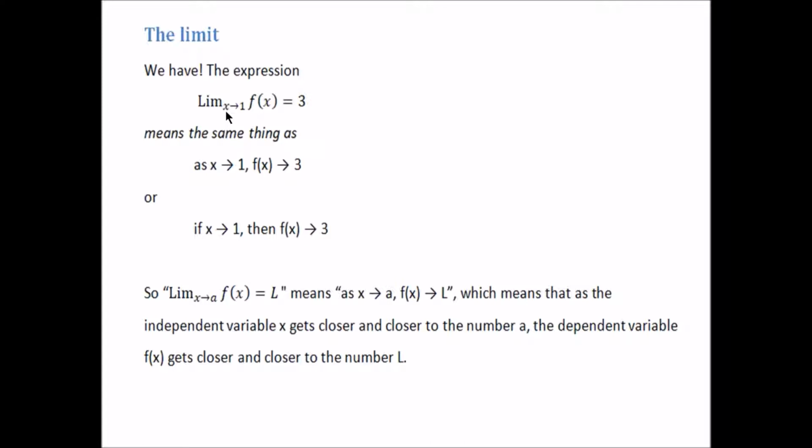This expression, I should say, not definition, says as x gets closer and closer to 1, the value of the function gets closer and closer to 3. That's what this means. Okay? It means that as the independent variable, in this case x, gets closer and closer to a, the function value gets closer and closer to L.